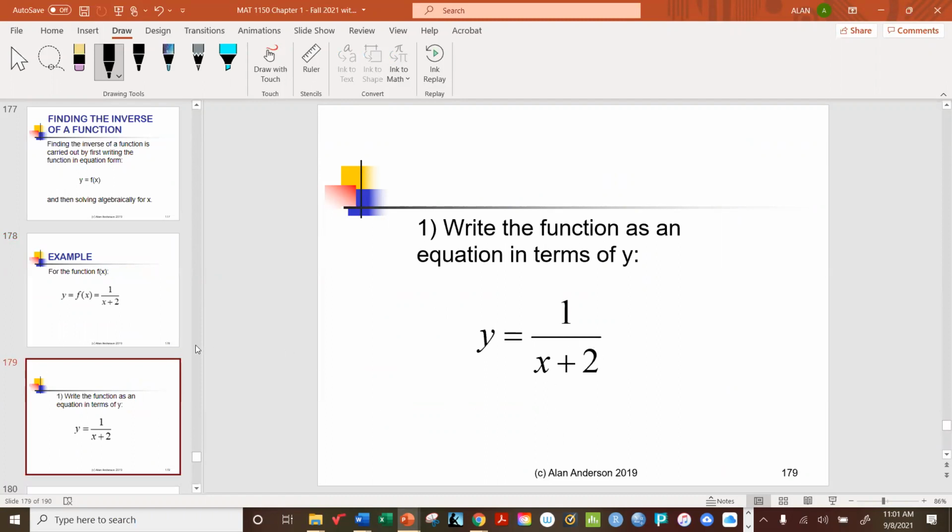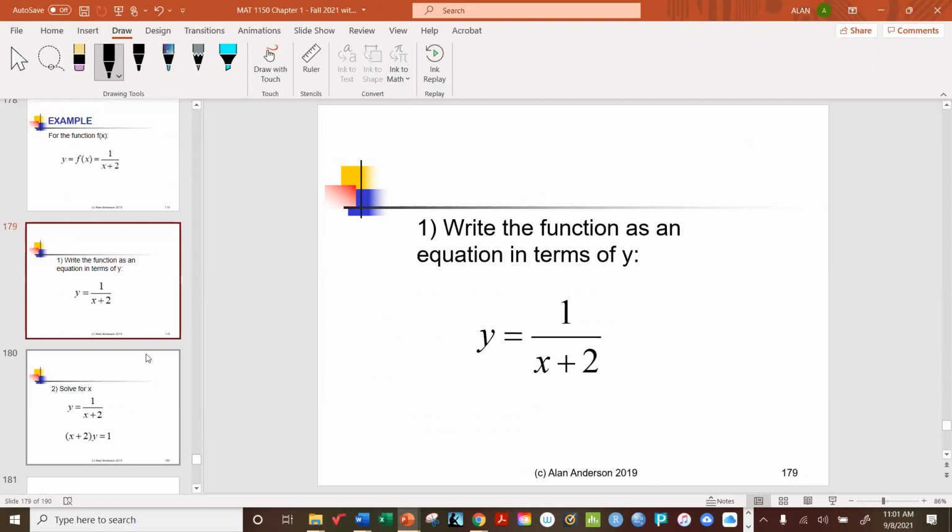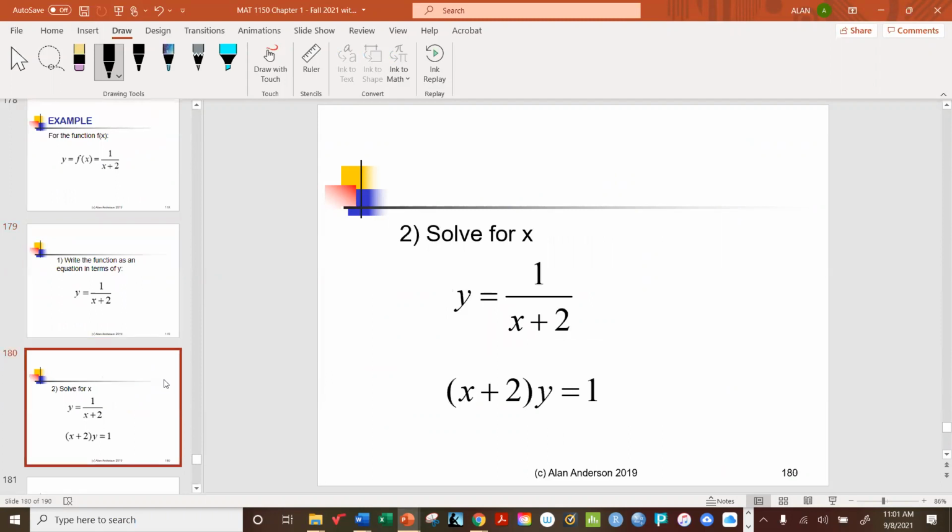Now, this is the interesting part. We're going to solve for x. So cross multiply. And now, of course, I'm going to wind up with a bit of a mess. My goal is to solve for x. So I'm going to factor out a y.